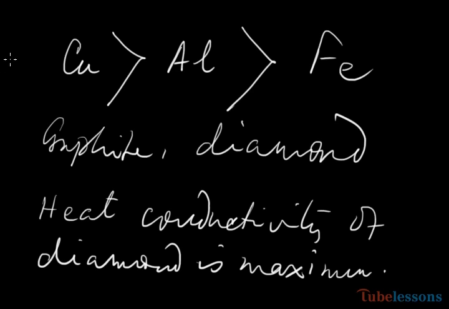It is one of the allotropes of carbon, though it is carbon, but it is solid and crystalline. Its thermal conductivity is greater than copper, aluminium, iron, etc. It has much thermal conductivity. And this is all about expansion of matters and conductivity.